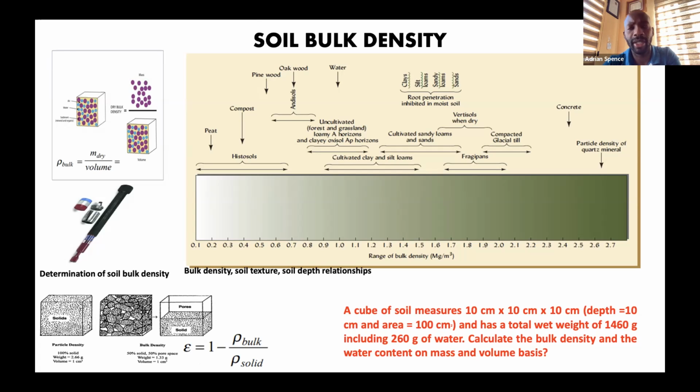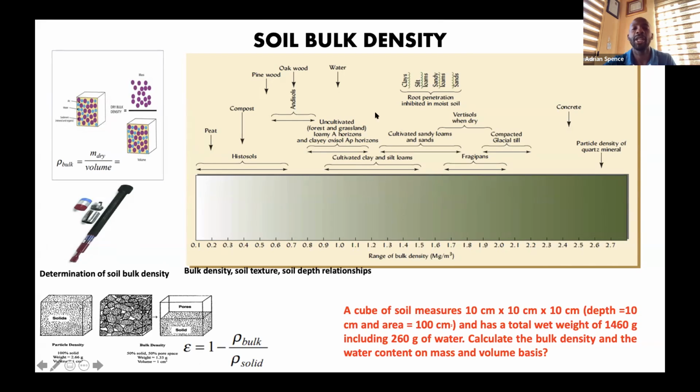So how do you use bulk density in your everyday agriculture? Well, one, you can use it to monitor soil condition. So this will sort of inform you of things like compaction, right?